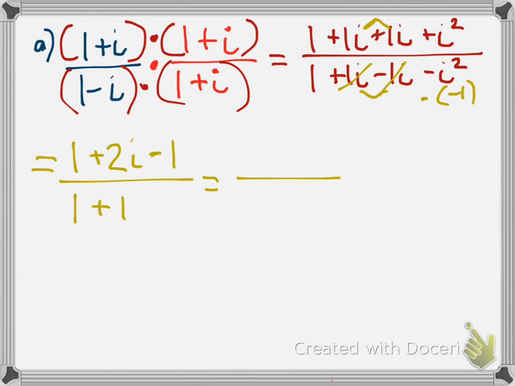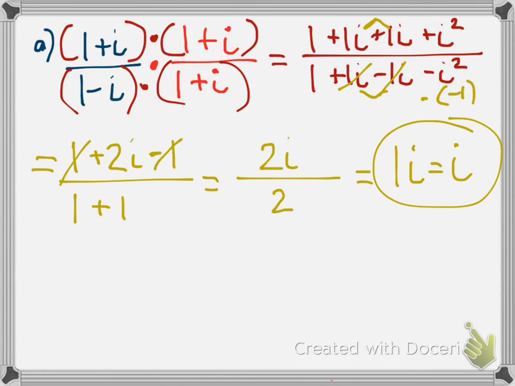Simplify further. The 1 minus 1 up here, they cancel, so I'm left with just 2i, and 1 plus 1 is 2. And finally, doing my division, 2 divided by 2 is 1, so I have 1i, which is the same as just saying i. So either one of those answers would be acceptable for A.